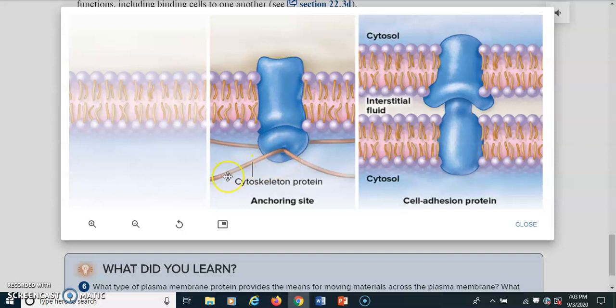So there are some fibers that run through the inside of the cell, and they help to maintain the structure of the cell and the shape of it. So they have to anchor themselves to certain areas. So a protein can serve as the structure they can anchor themselves to, so to maintain the normal shape of the cell. So they can serve as an anchoring site.